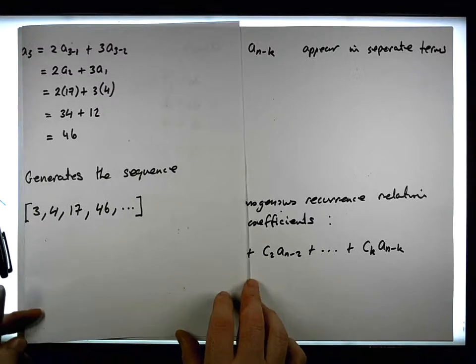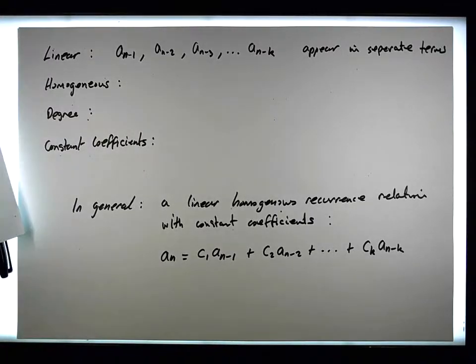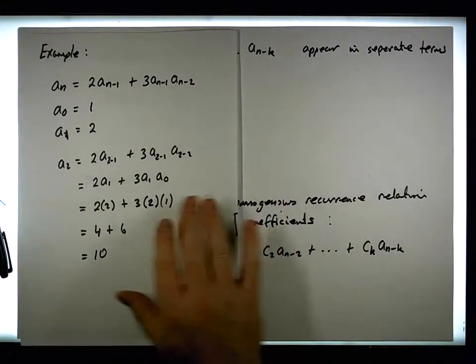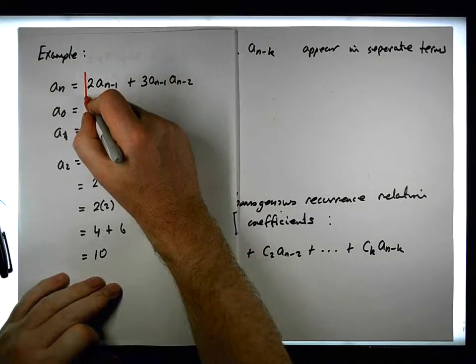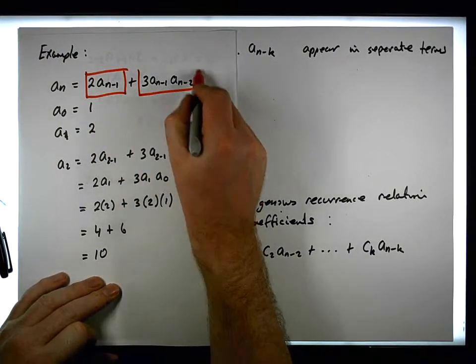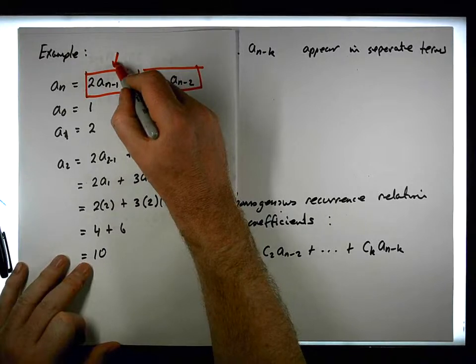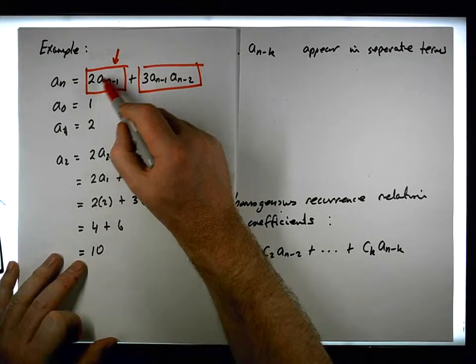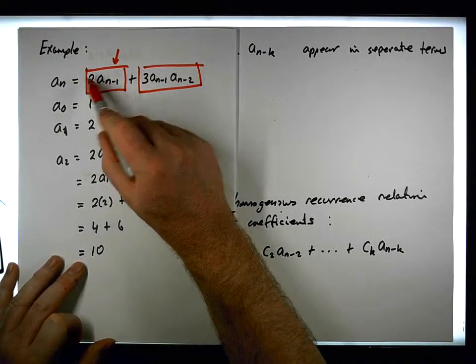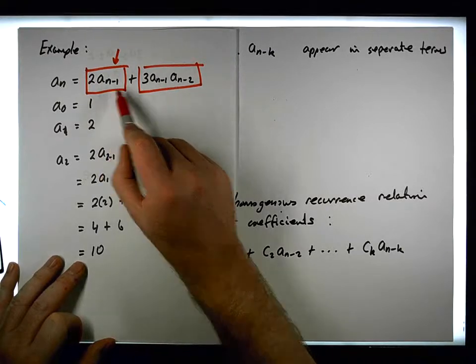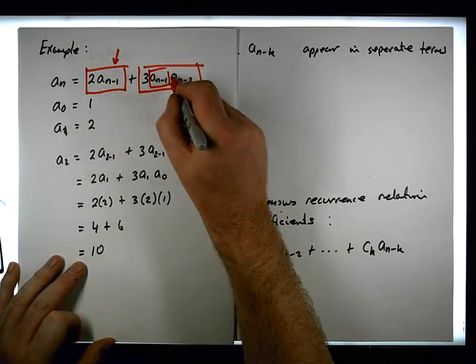What about this example over here? Let's have a look at this one here. This is a term, and this is a term. This term has one of the preceding terms in it, but look, this one has two of them. It's the product of them.